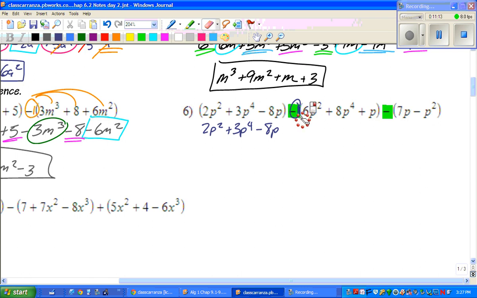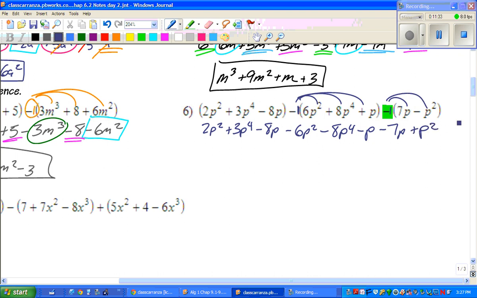You're distributing a negative 1 right there. Negative 6p squared minus 8p to the 4th minus p. Do the same thing back here, minus 7p plus p squared.